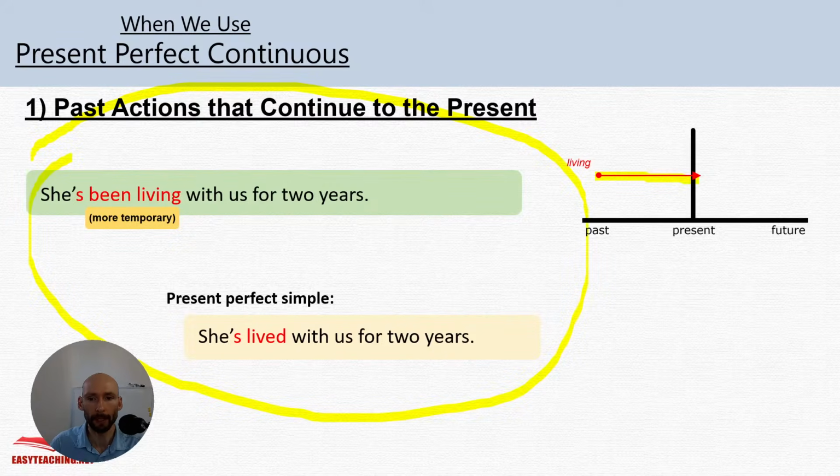The sentence in present perfect simple shows that it's more of a permanent situation. She's lived with us for 2 years. It sounds like she's going to be living there for much longer. In the first sentence, it shows that, well, maybe she won't be living there for much longer. So that there is the subtle difference between present perfect continuous and present perfect simple.